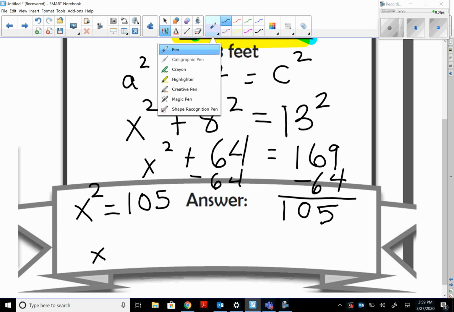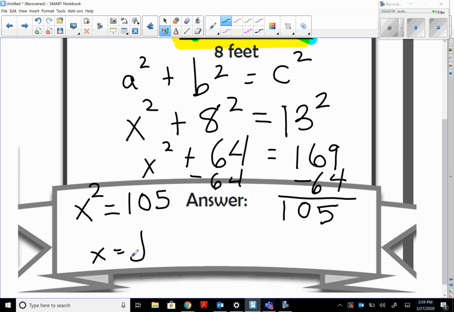And then I'm going to take the square root of 105 to figure out X. Using my calculator, because I don't believe that's a perfect square, I take the square root of 105 and I get 10.246950077. It keeps going forever, but I'm going to round my answer to the nearest tenth.